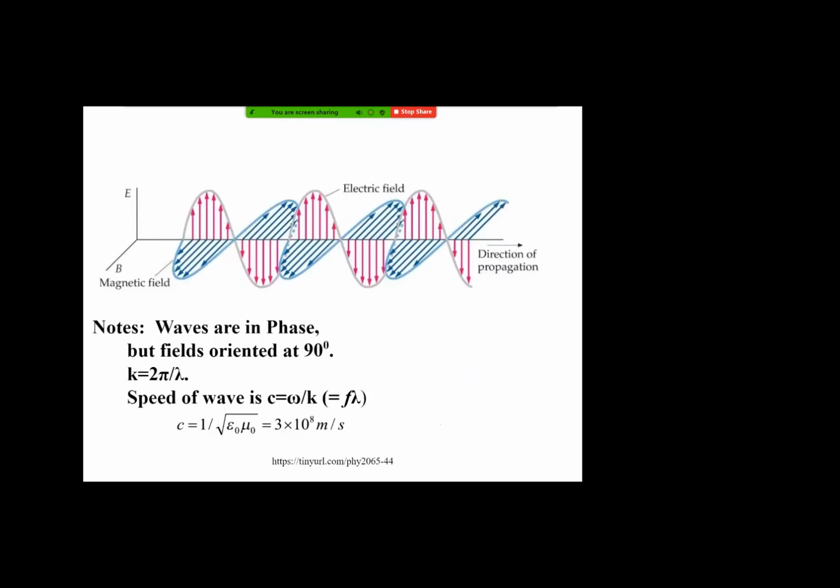Where k is equal to 2 pi divided by lambda, and c is equal to omega divided by k. Omega is 2 pi divided by T, and k is 2 pi over lambda.